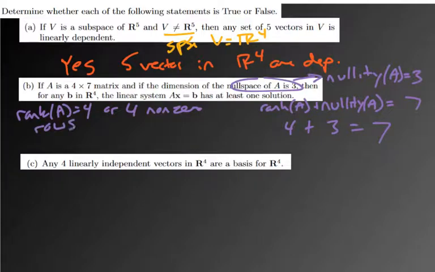Remember, rank is the dimension of the row or column space, and you can also just think of it as the number of non-zero rows. And so basically, you've got a matrix that's going to have some non-zero rows, right?